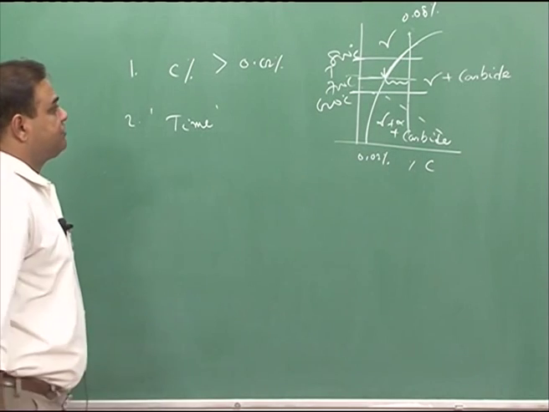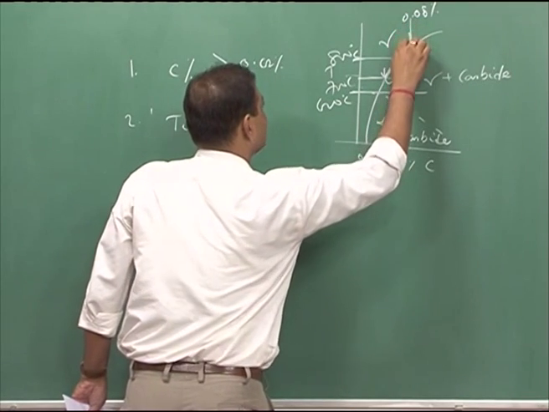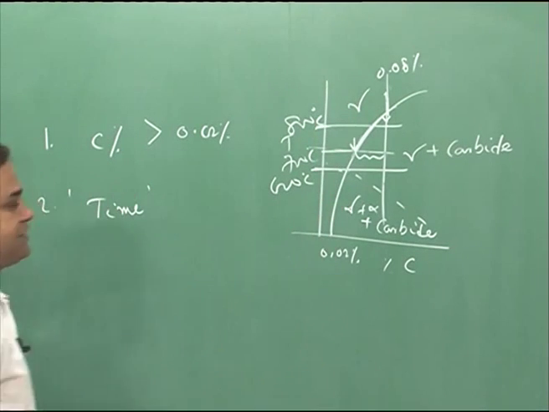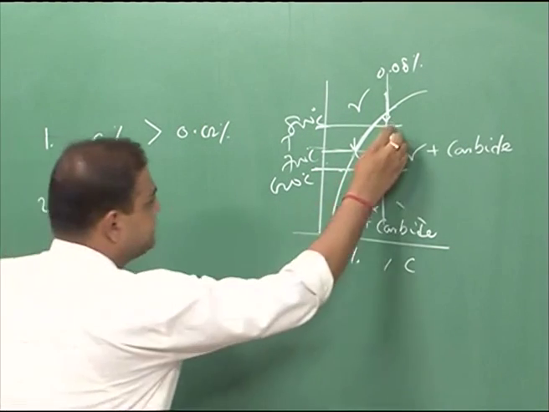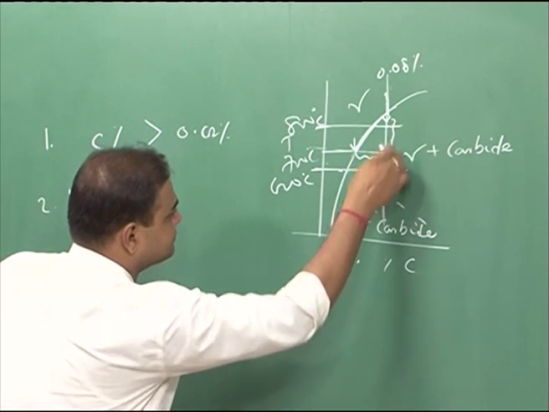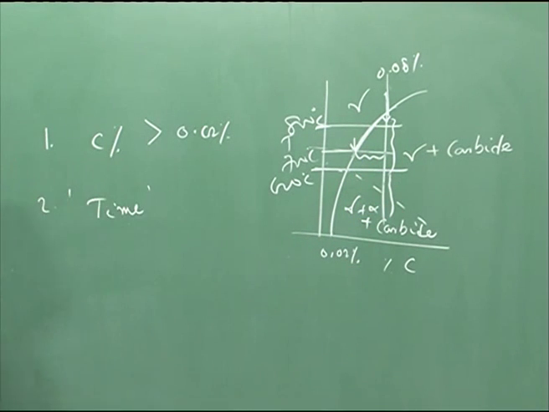And the second issue is, if we cool it slowly up to above 800 degrees Celsius, and then in this temperature zone we cool it very fast, then after we cross this temperature zone, we do not need much of a cooling rate. Even if we go for a very slow cooling rate, it is not possible for the carbide to precipitate out along the grain boundary.